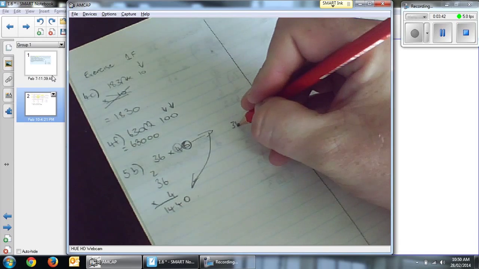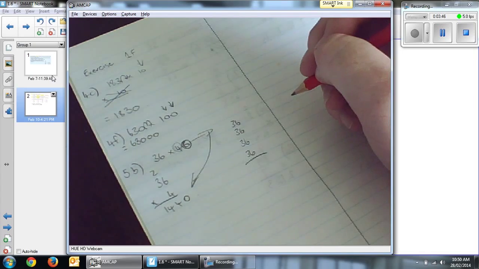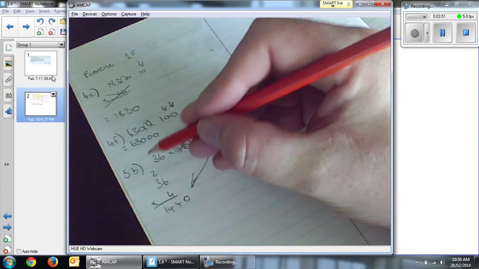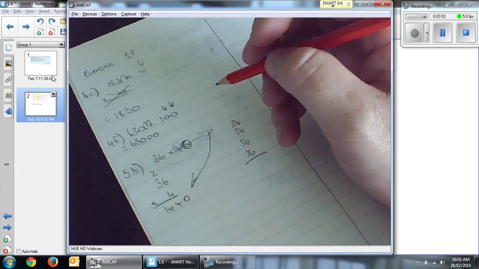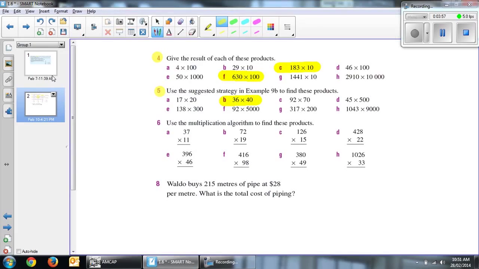If you know what 36 plus 36 plus 36 plus 36 is, 144, you can do it immediately. So 4 36s are 144, and then you add that 0 back in.